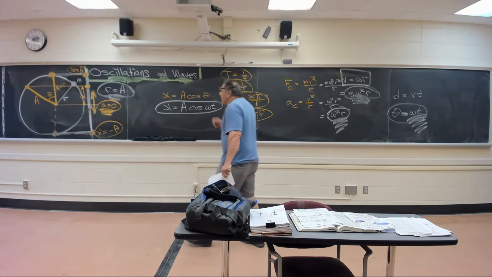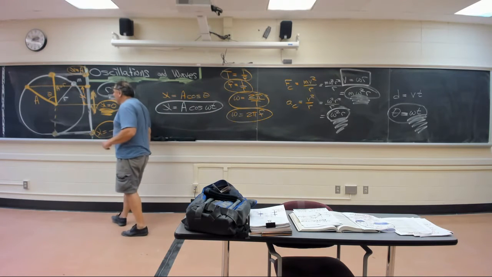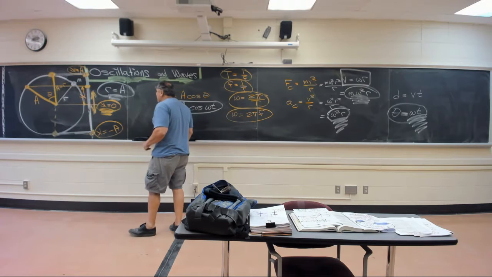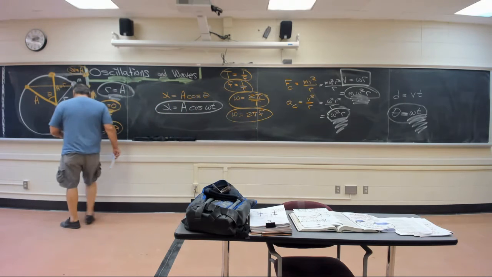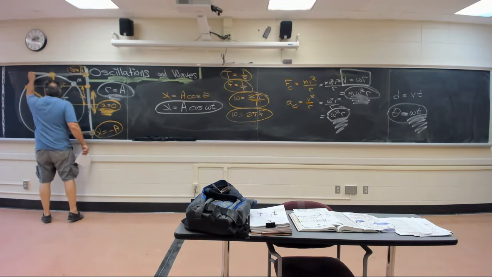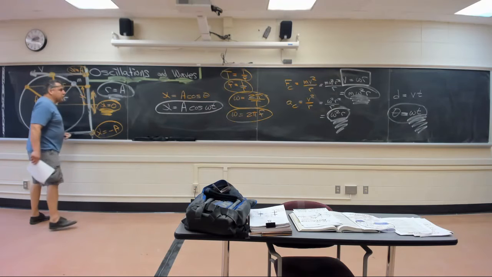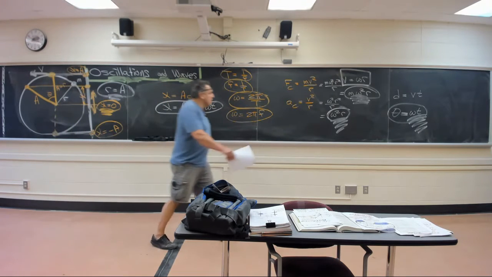Is there a speed at which this thing oscillates? Here's where it gets kind of interesting, you guys. This thing has a velocity right here. How fast is that velocity? V. V is omega times r, right here.